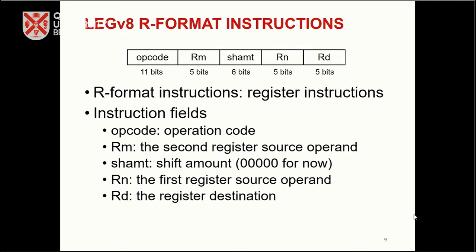Then we have 2 operands, 2 inputs. Remember, we are summing element 1 with element 2. So element 1 will be in register N. N doesn't mean anything.